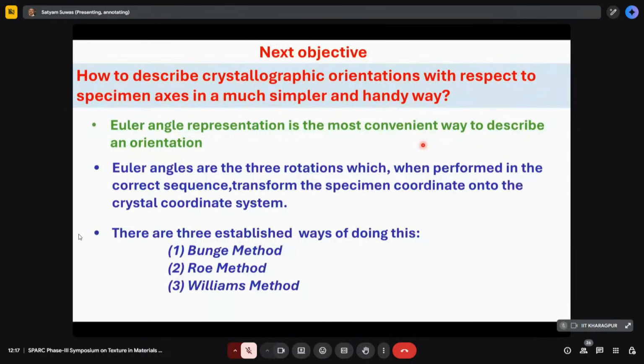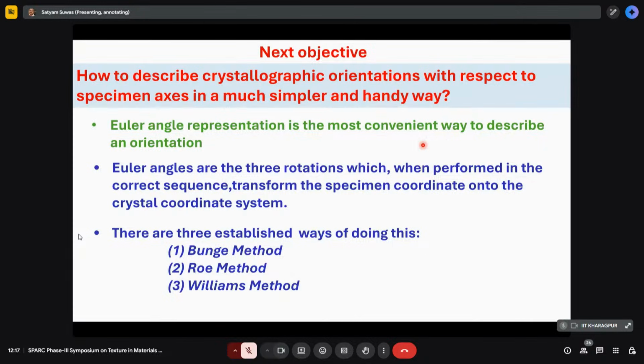But when this problem was proposed, some very intelligent people were working in this field, and one of them is Professor Hans Joachim Bunge from Clausthal. Professor Bunge proposed a method, and almost at a similar time in the United States, Professor R.J. Roe also proposed another method, using the Euler angle concept only.